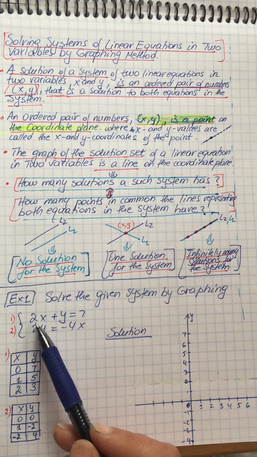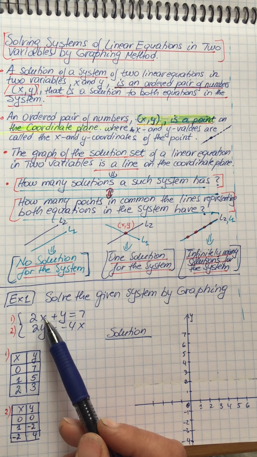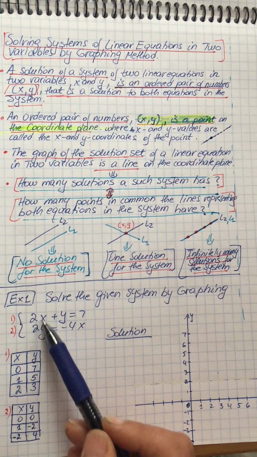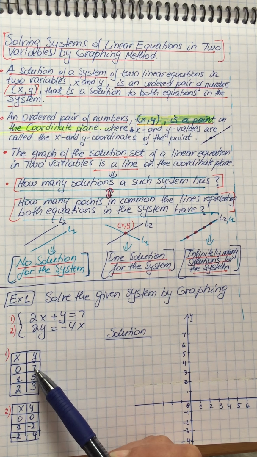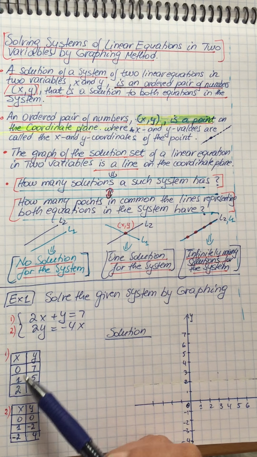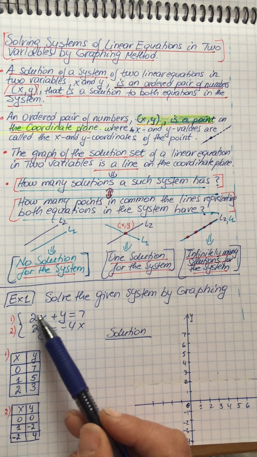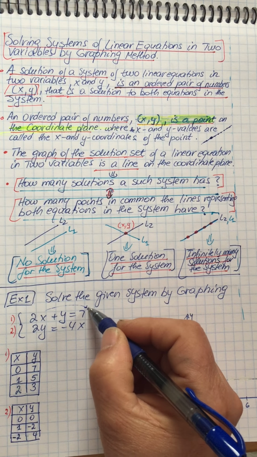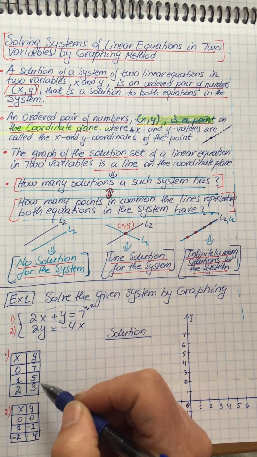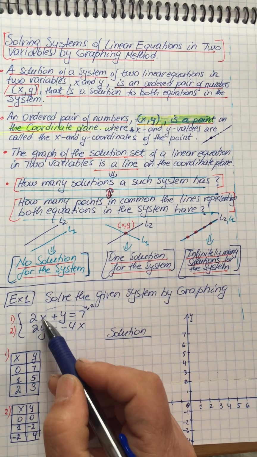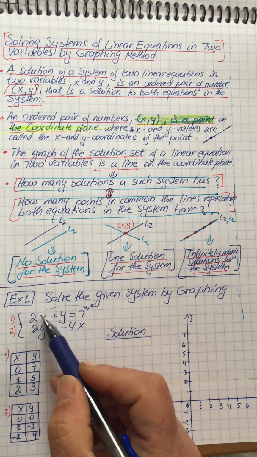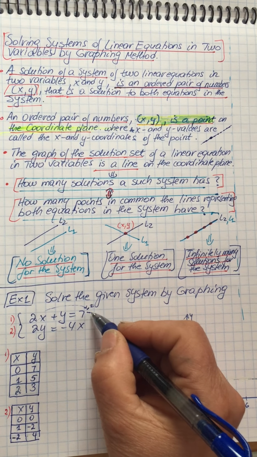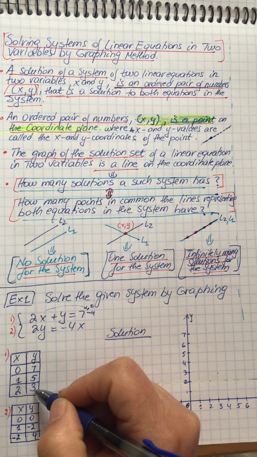Now, if I make x 0, so 0 times 2 is 0, so y is 7. If I let x be 1, so 2 times 1 is 2, going to the other side with a negative sign, we have 7 minus 2, 5. If I let x be 2, so 2 times 2 is 4, and 4 to the other side will be negative, so 7 minus 4 is 3.